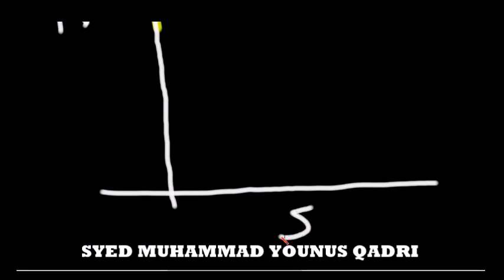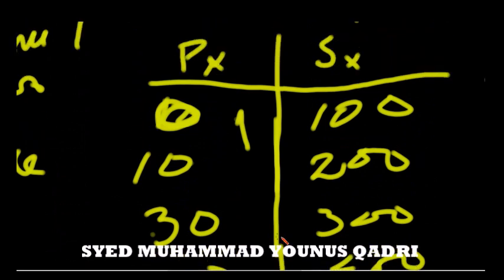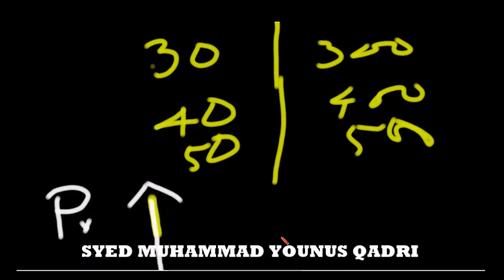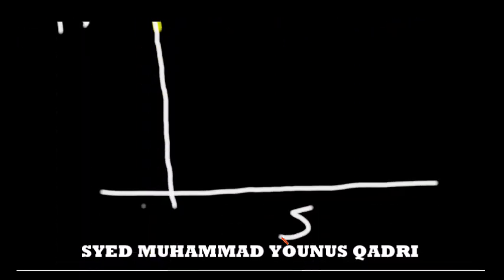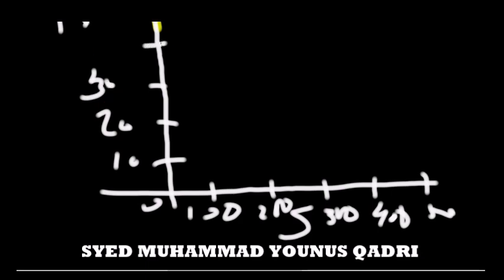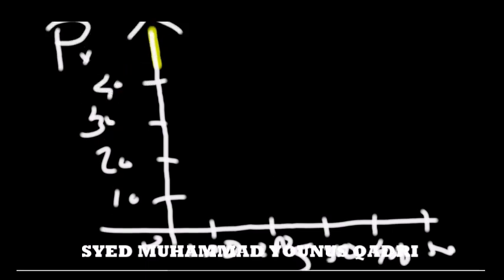According to the schedule, supply starts from 100 and the price goes up to 50. So we make a graph like that: 100, 200, 300, 400, 500 for supply, and 10, 20, 30, 40, 50 for price.